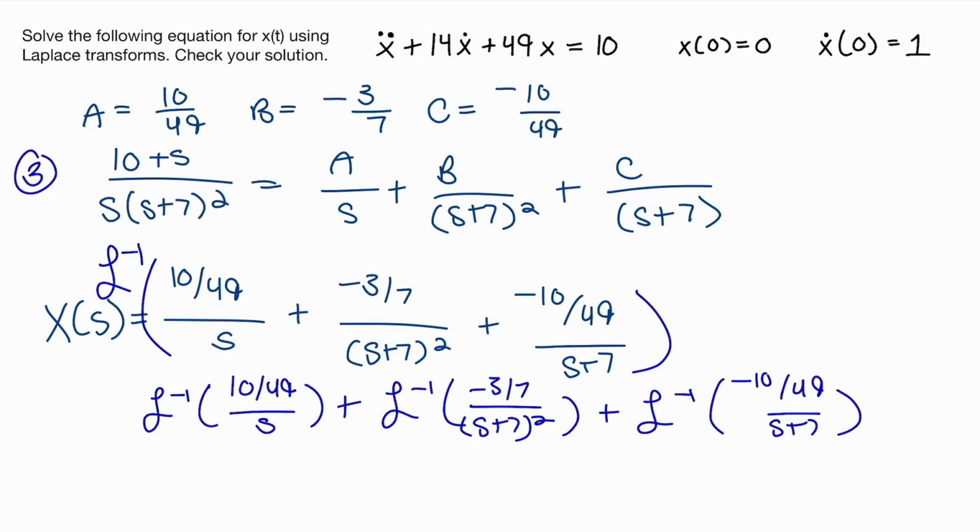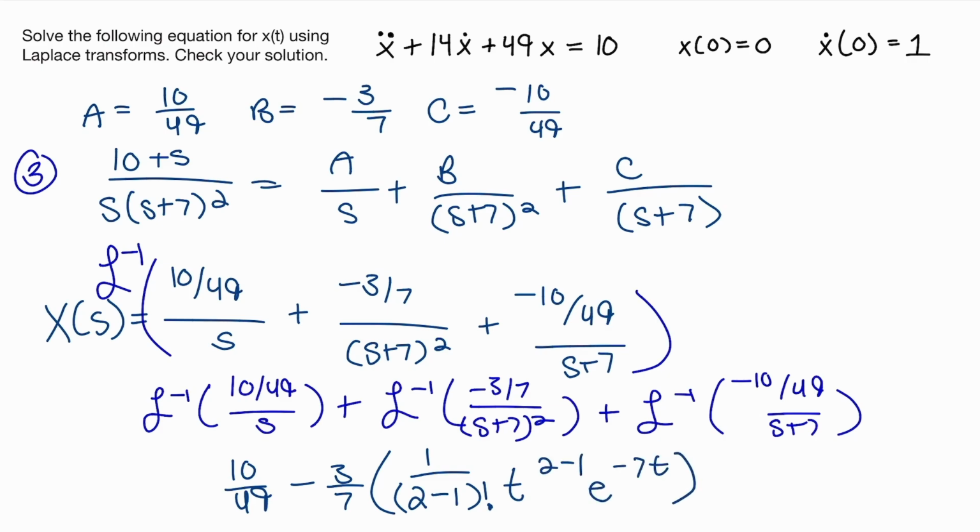And so when you look at that table, what you'll end up with is 10 over 49 minus 3 over 7 times 1 over (2 minus 1) factorial, t to the 2 minus 1, e to the negative 7t, minus 10 over 49 e to the negative 7t.